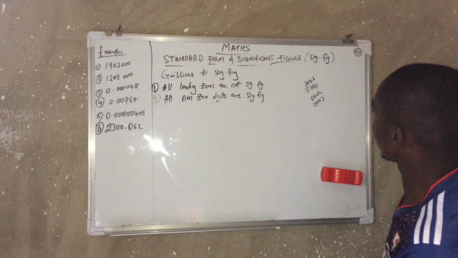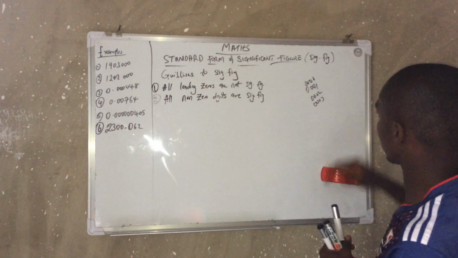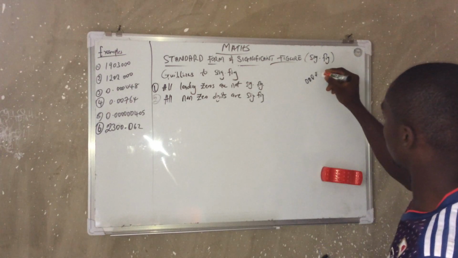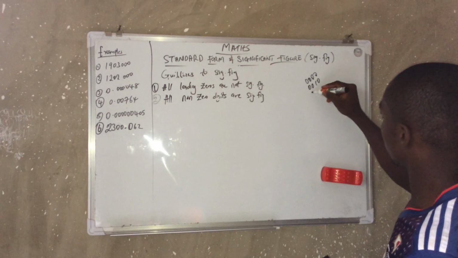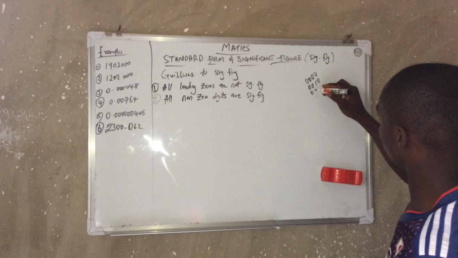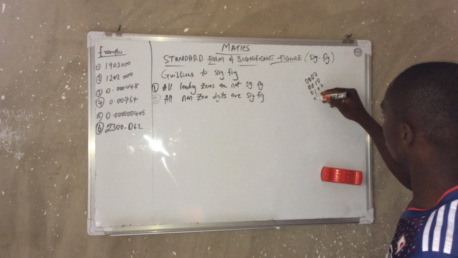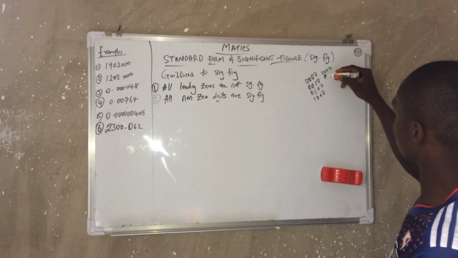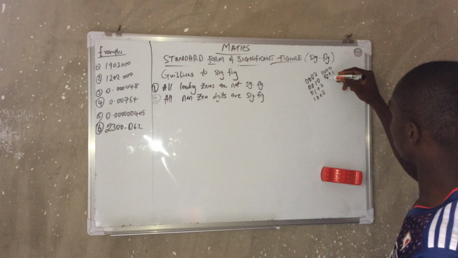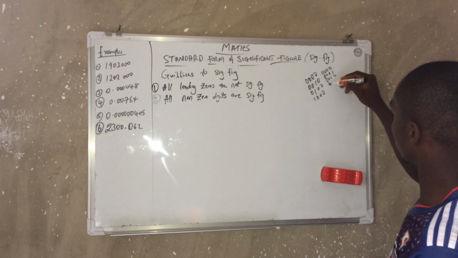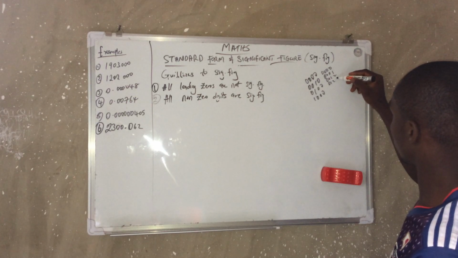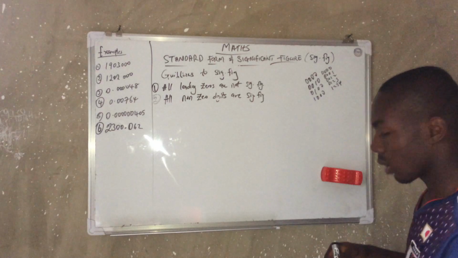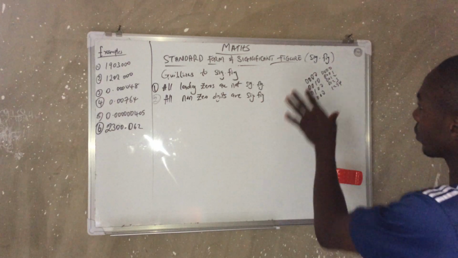And here now, let me say 0000, 0010, 0100, 1000, and 0000, 0001, 0012, 0123, 1234. Now let's take for instance that we have this number now.